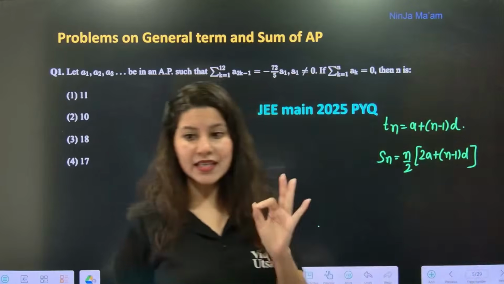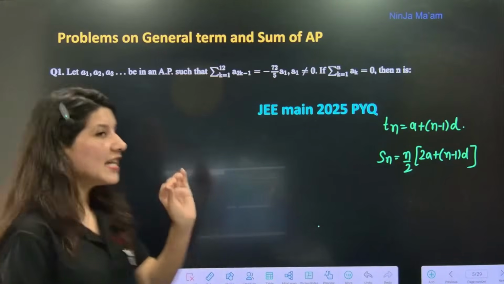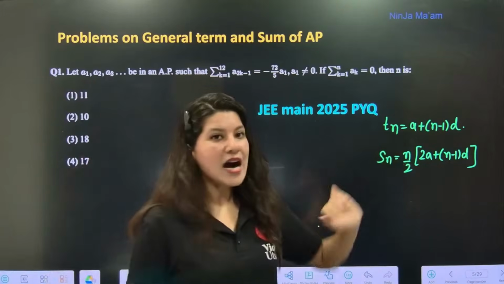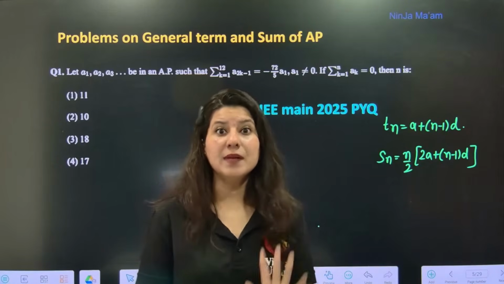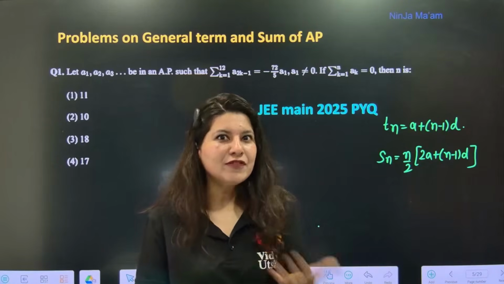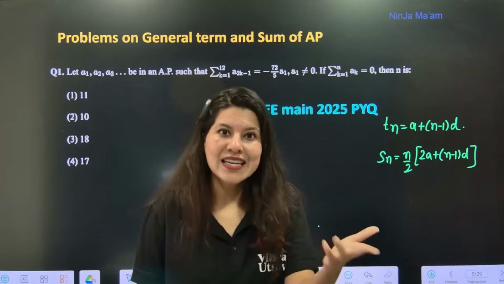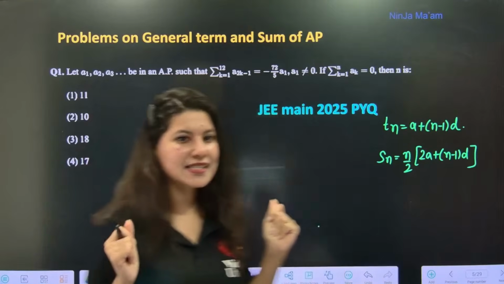Now just tell me one thing. If I ask you what the third term is, you should know a plus 2d. The fifth term? a plus 4d. The 100th term? a plus 99d. If you are aware of this, then we can quickly get started.